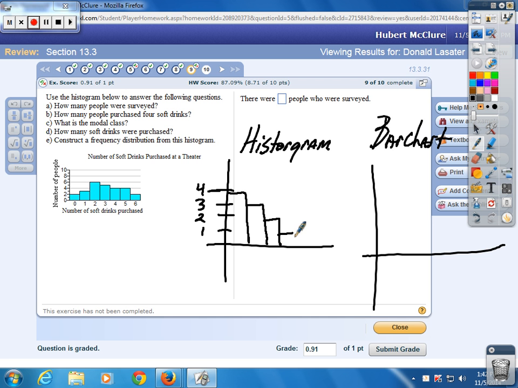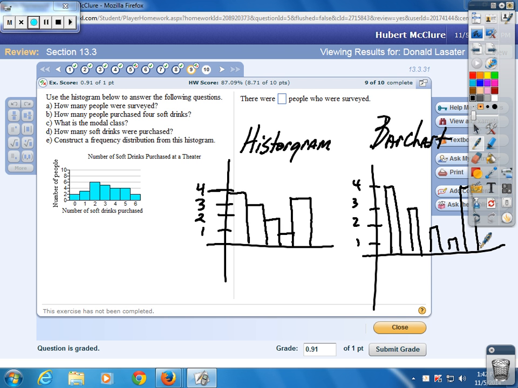I see it. What's the difference in the two? One's connected, the other one's what? Not. One's connected. See how the boxes are connected? One's not. This is more mathematical. This is more statistical.